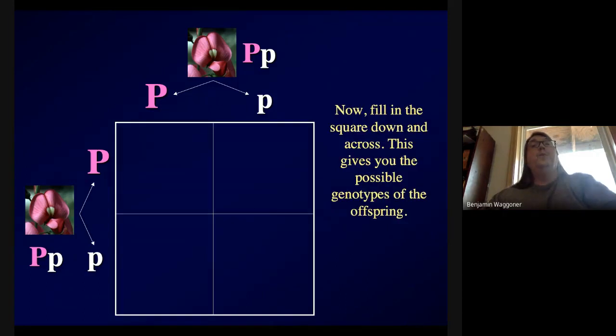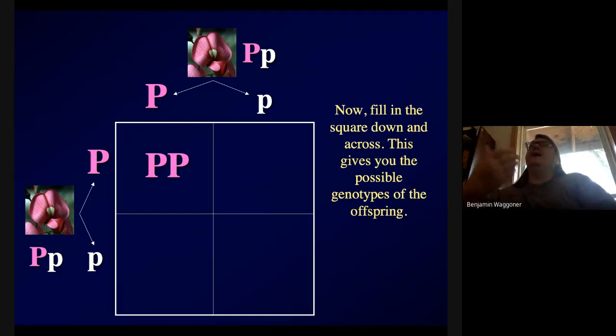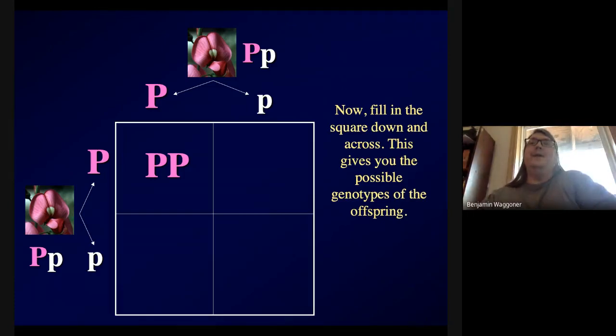Now, we'll draw the lines in the square and fill it in down and across. 1/4 of your offspring will get a big P from mom and a big P from dad. They will be homozygous dominant. They will have one copy of the big P allele and another copy that is also of the big P allele.